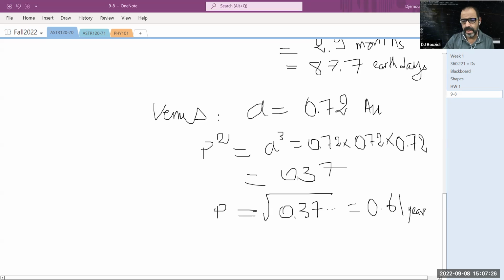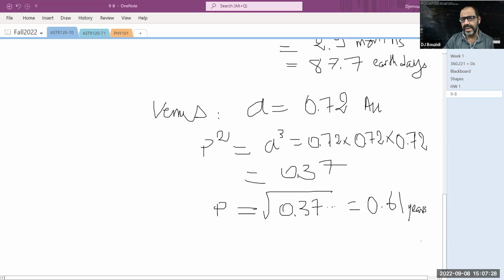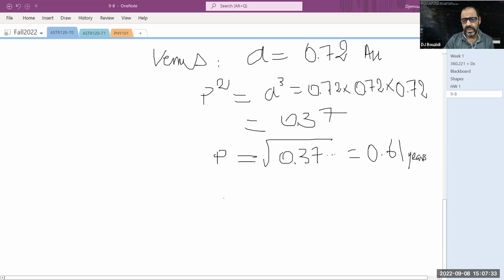So it's slightly more than half a year, but not quite a year on Earth. I can write this same period in months by multiplying the number by 12. That gives 7.3 months, about 7 1/3 months.